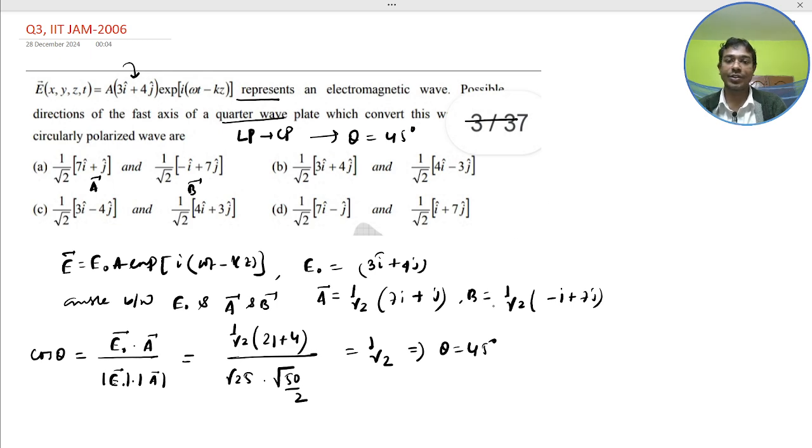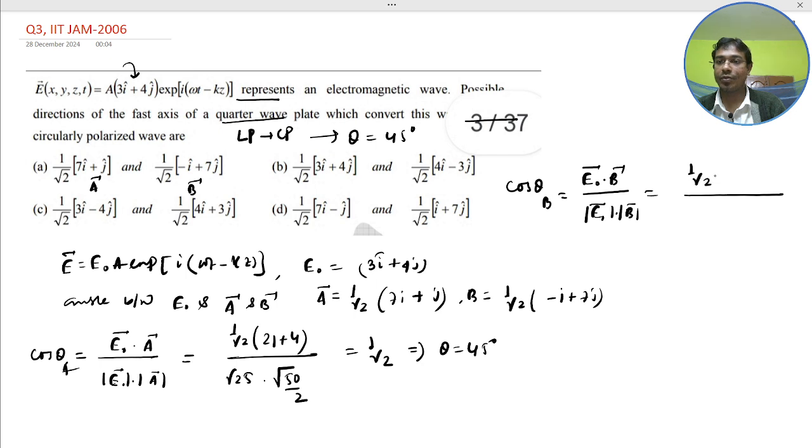So another one we just check here, the cos theta. This is for the cos theta A and this is for the B, that the E naught B by mod of E naught and the B. So this would become the 1 by root 2, just dot product here, minus 3 plus 28 by root 25 into root 50 by 2.